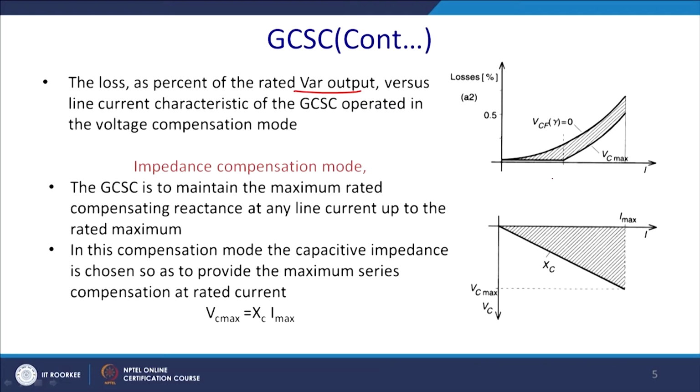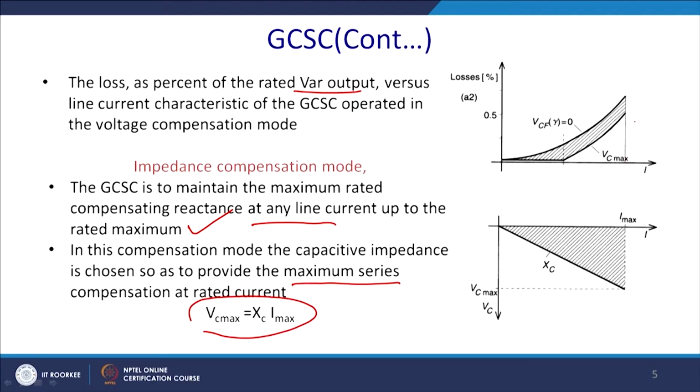What happens in the GCSC is that it maintains the maximum rated compensated reactance at any line current up to the rated maximum. So, in this compensation mode the capacitive impedance is chosen so as to provide maximum series capacitance compensation. That will be Vc max equal to Xc into I max.